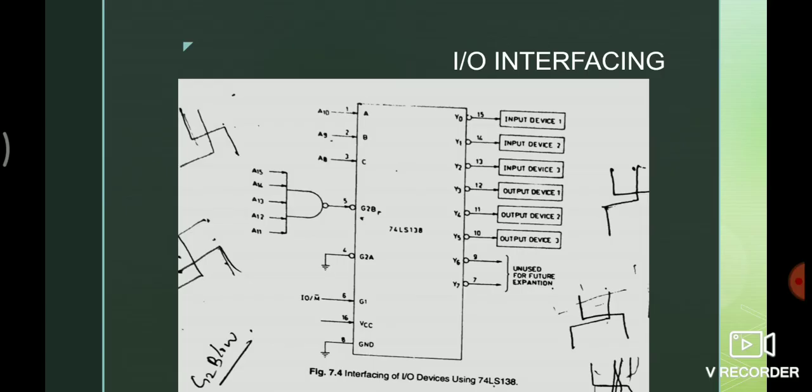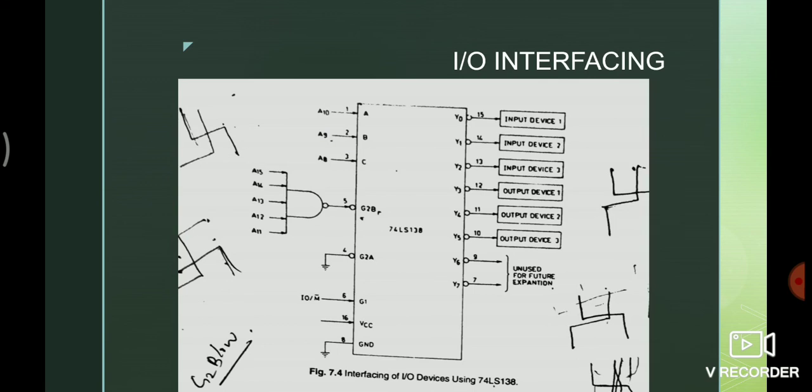Now input output interfacing. This figure shows the input output interface of devices through the decoder 74LS138. The address of an input output device is 8-bit. Only the A8 to A15 lines of the address bus are used for input output addressing. So the address lines A8, A9, and A10 have been applied to the select lines A, B, and C of the 74LS138.